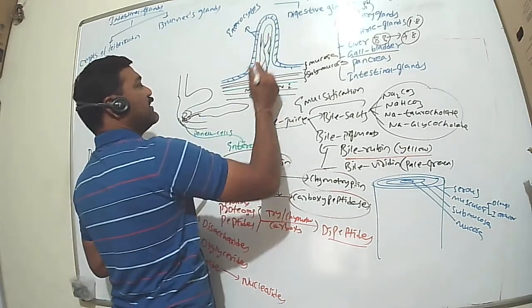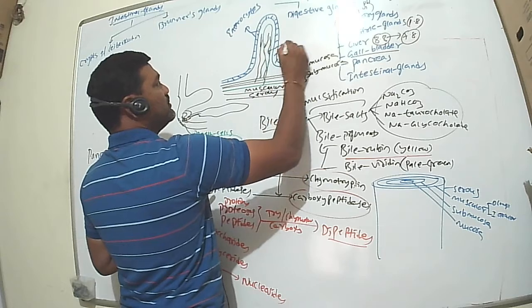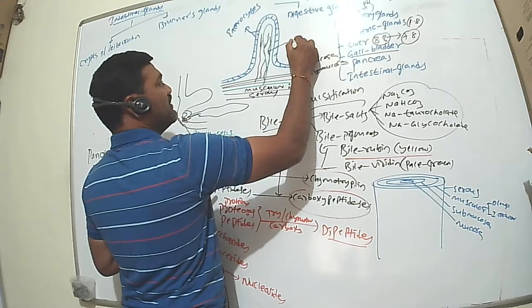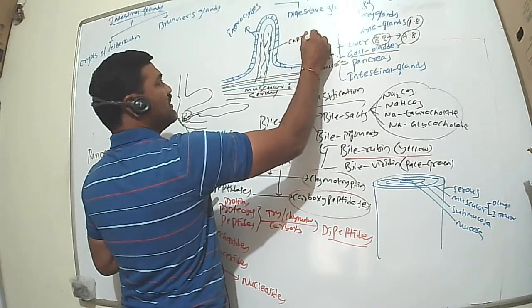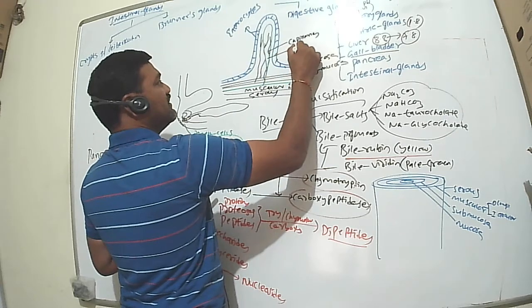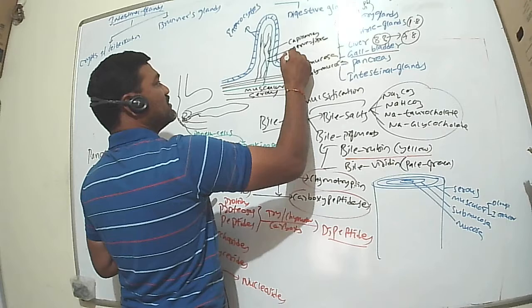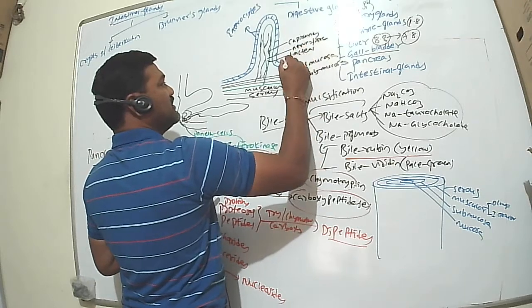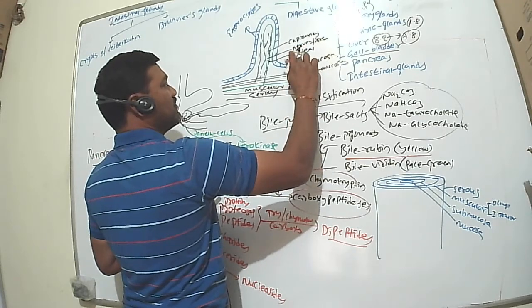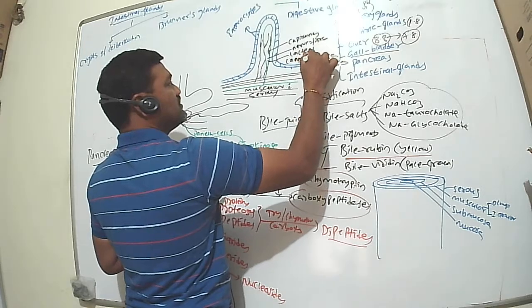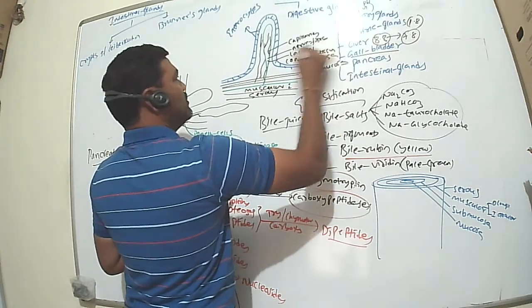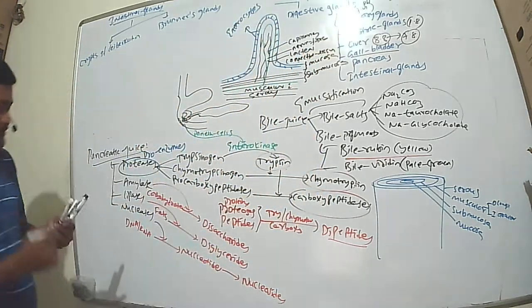And this is the villi. Inside the villi, what do you find? You find the blood capillaries of arteries and veins, nerve fibers, one large lacteal, and also some connective tissue. All these are found inside the villi.